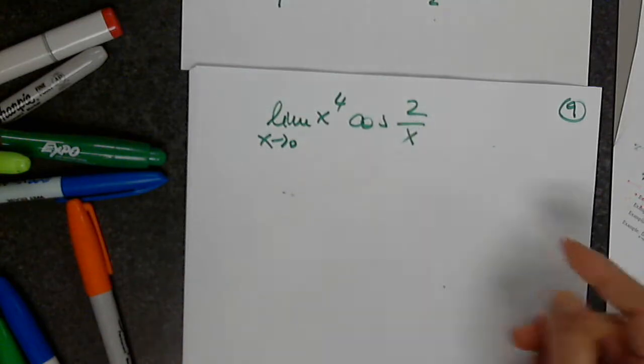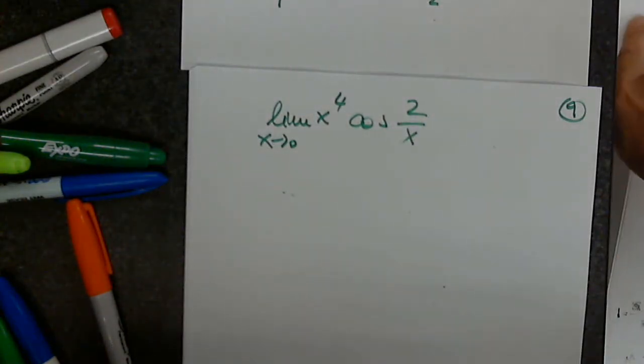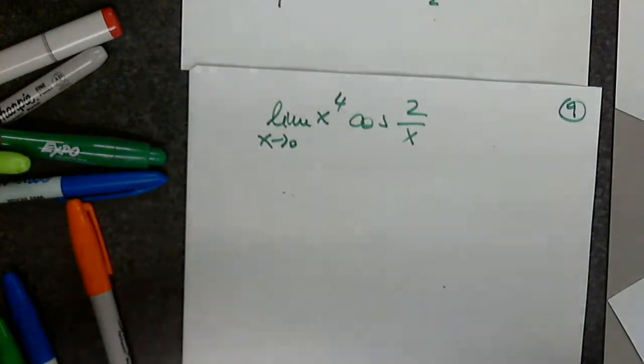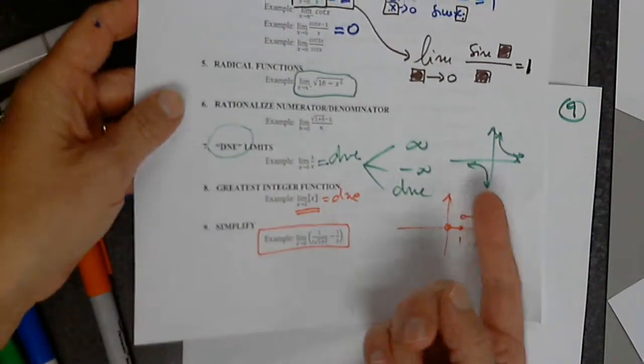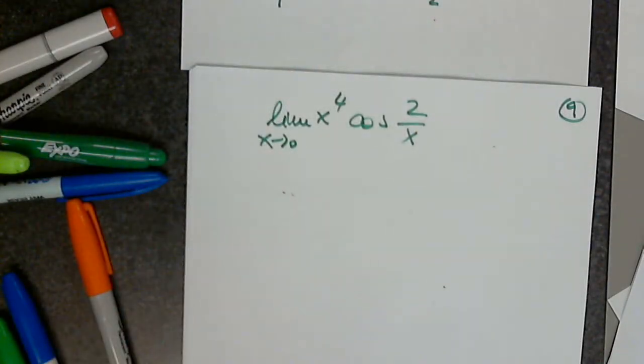Remember the function? We just graphed it a minute ago. 1 over x or 2 over x. Okay, no, it's right here on the handout. 1 over x or 2 over x is the same thing. Very close. So then 2 over x as x approaches 0 is DNE.